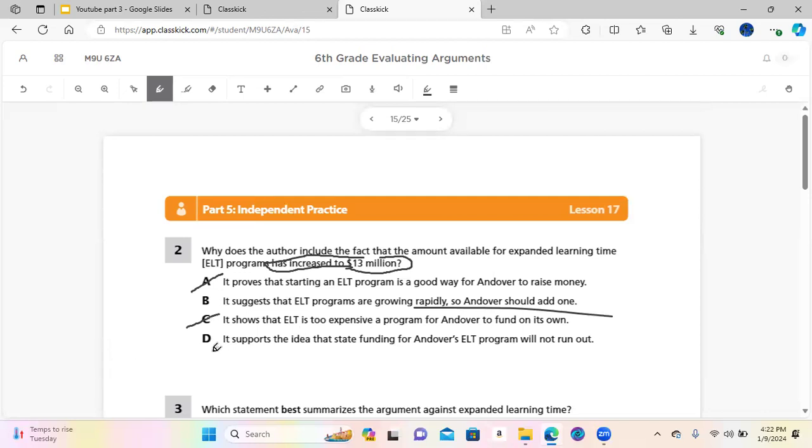So D is incorrect because current increases to grants do not guarantee funding in the future. So we cannot say it will not run out. So we are left with B, and B is our correct answer.